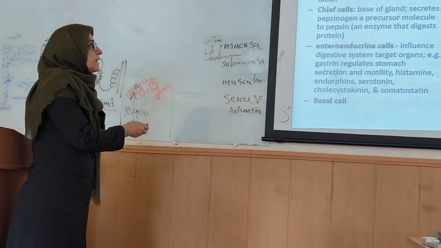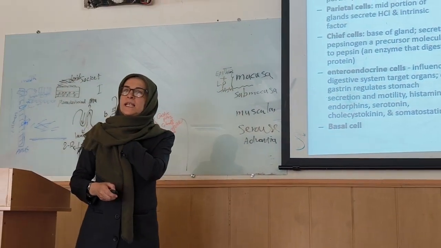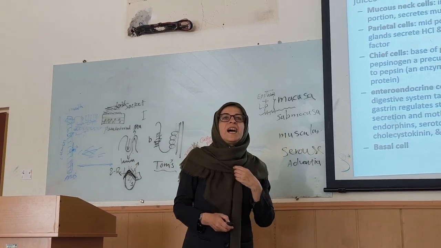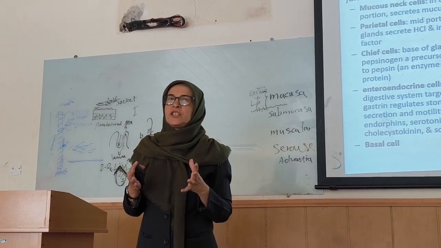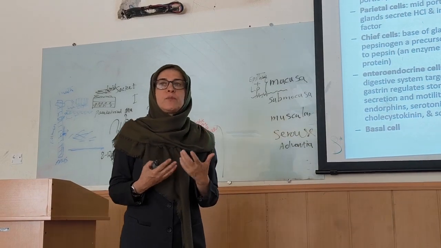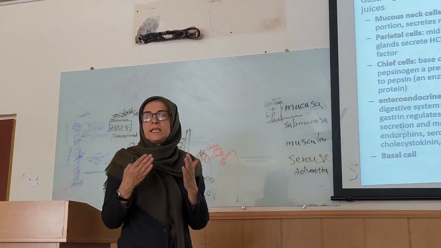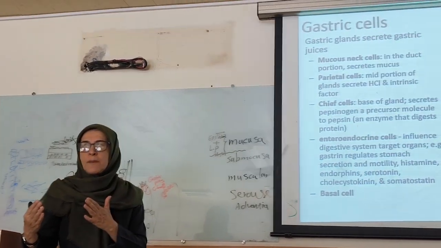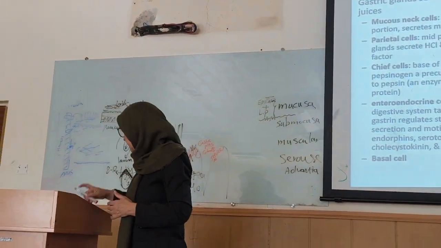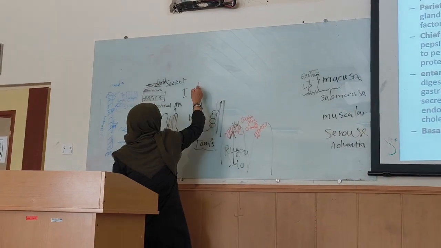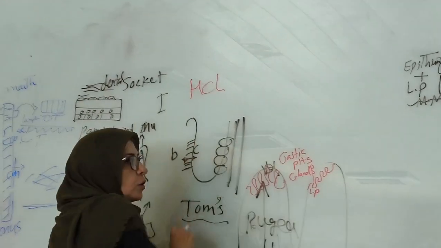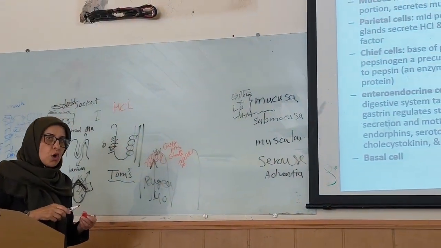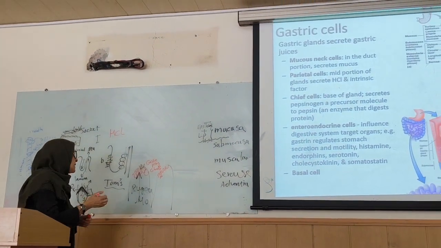The parietal cells are the biggest cells in the gastric pits. They have acidophilic structures because they produce hydrochloric acid, the acid of the stomach, HCl. Hydrochloric acid is produced by the parietal or oxyntic cells.